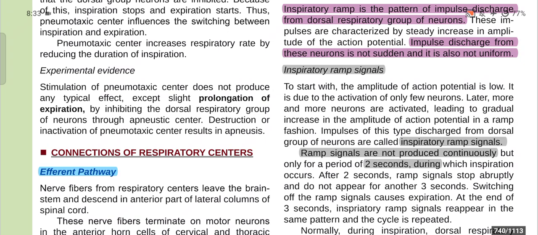This is the mechanism in which the switching off of the ramp signals causes expiration. At the end of 3 seconds, the inspiratory ramp signals reappear, and the cycle is repeated again and again: 2 second inspiration, 3 second expiration, 2 second inspiration, 3 second expiration. This cycle continues for a lifetime.